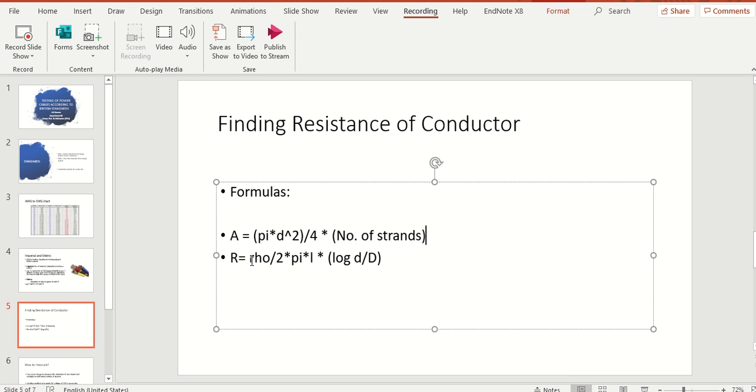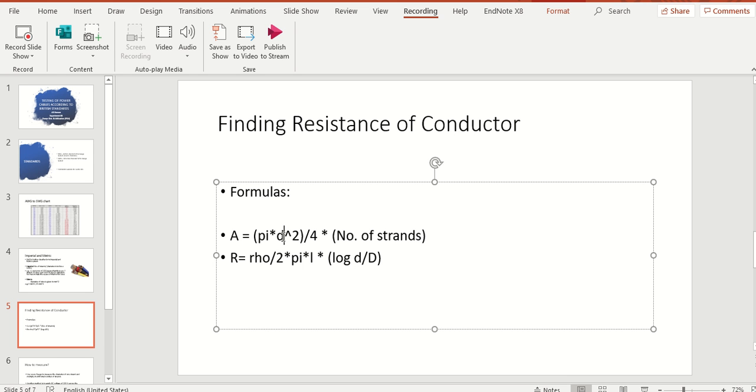And to find the resistance, we have this formula: rho divided by 2 multiplied by pi multiplied by length multiplied by log D divided by d. Now what is d?